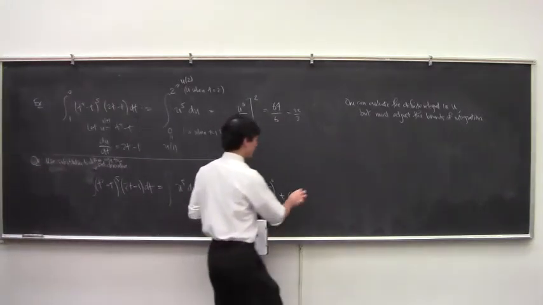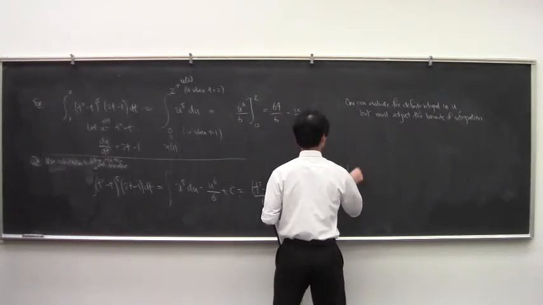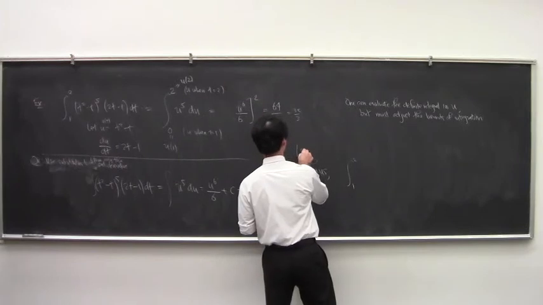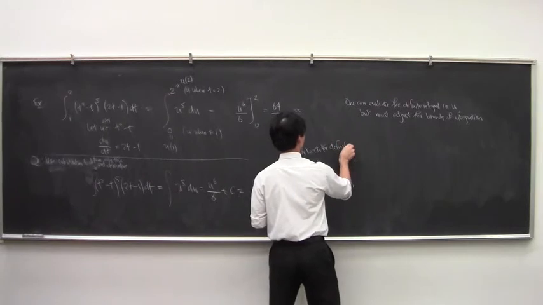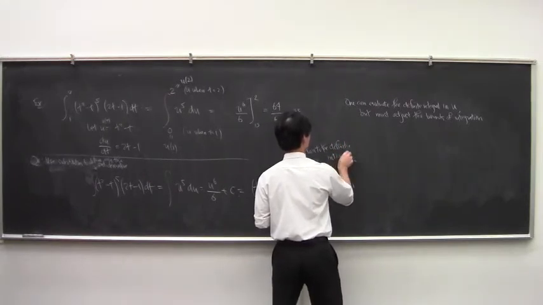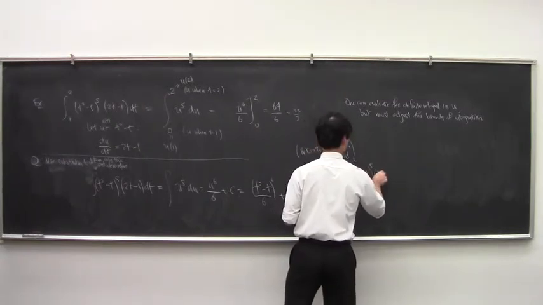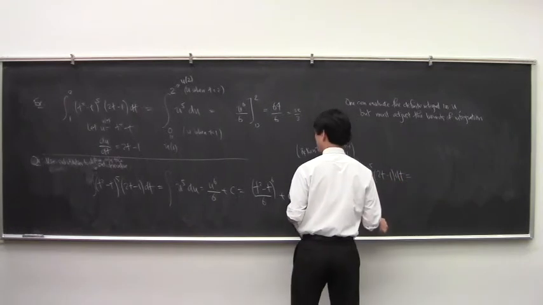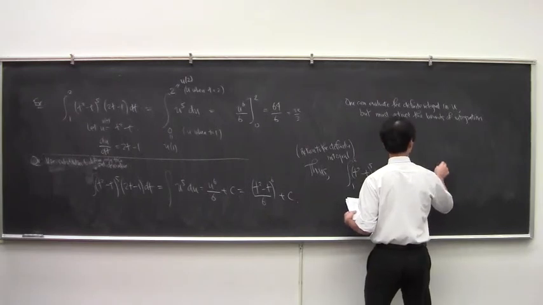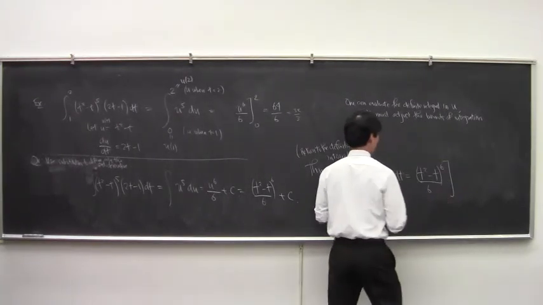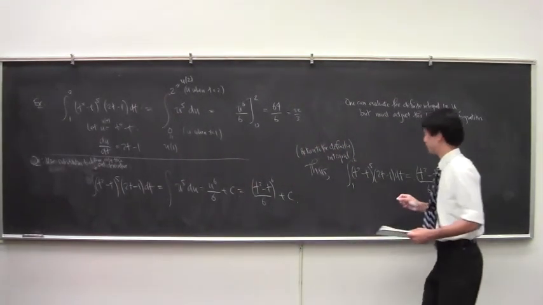Okay, and then you go back, return to the definite integral. Say, well, then that definite integral that I was interested in is going to be the difference of the antiderivative at the endpoints, 1 and 2.